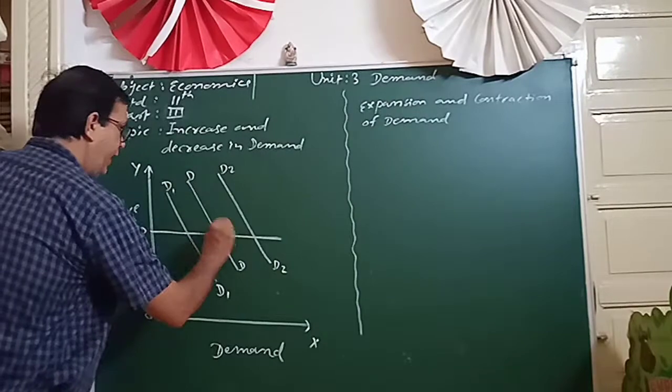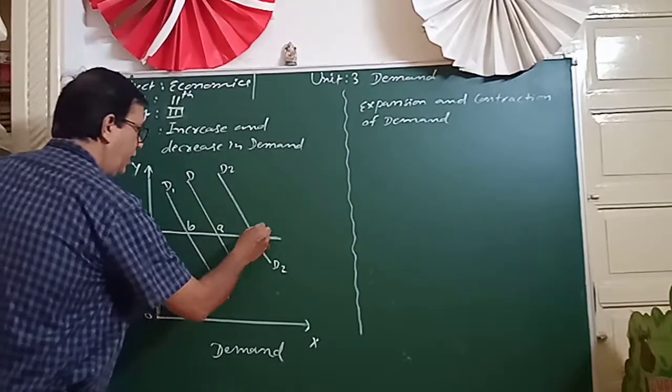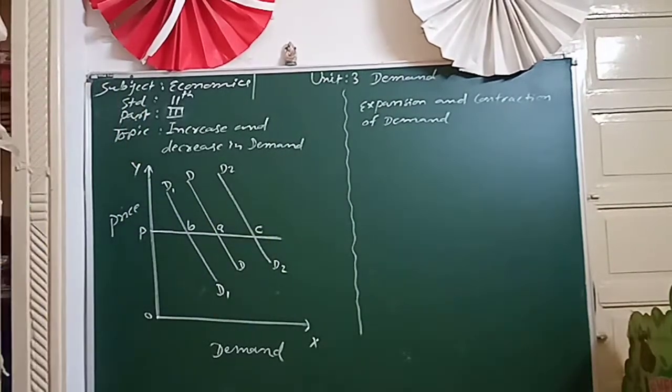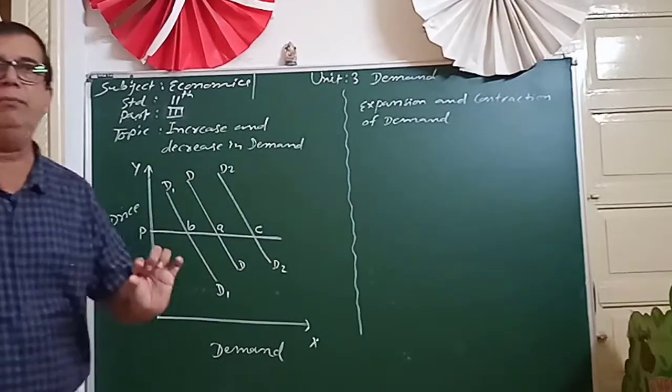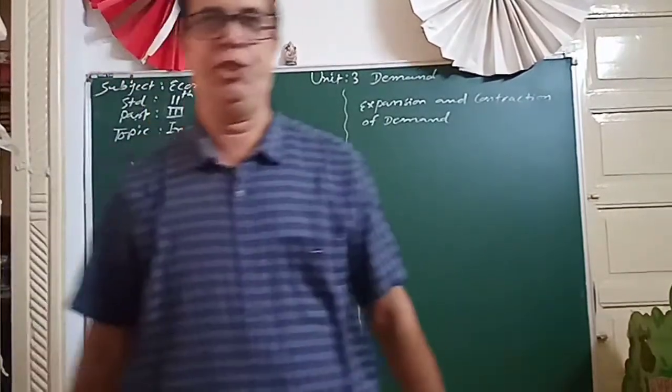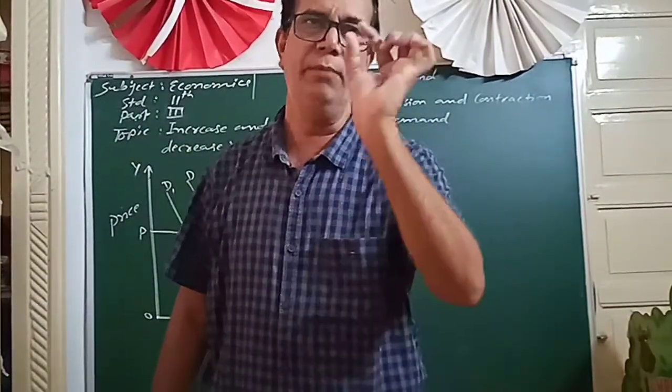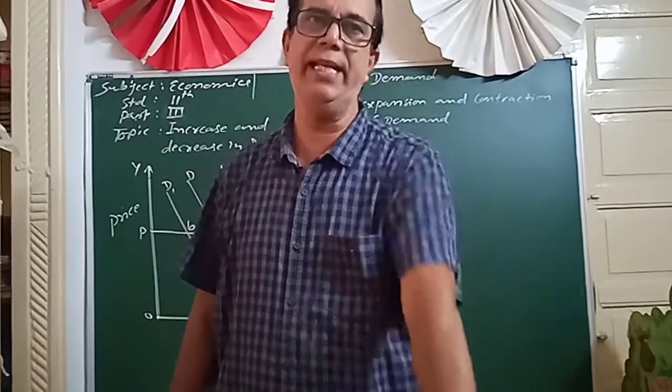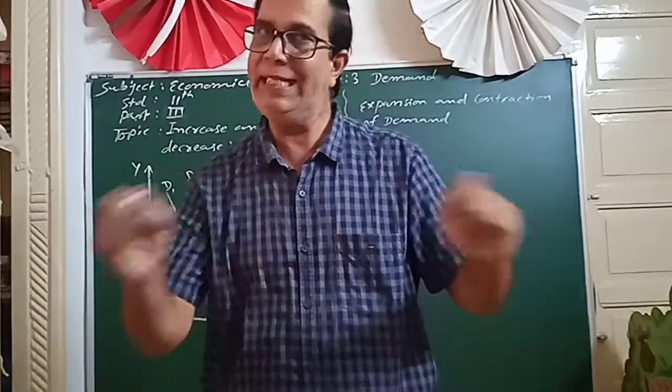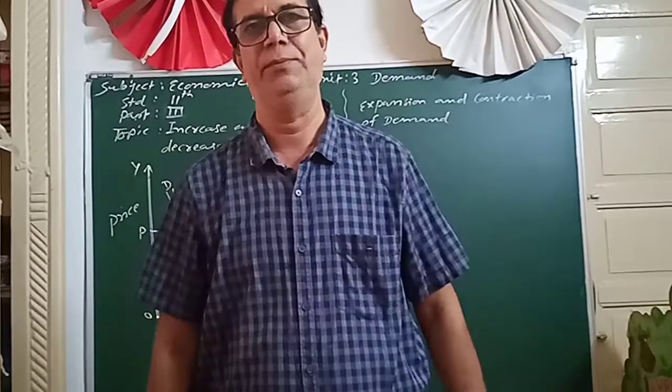Equilibrium points A, B, C. Equilibrium means the point where the demand curve and the price line intersect each other.